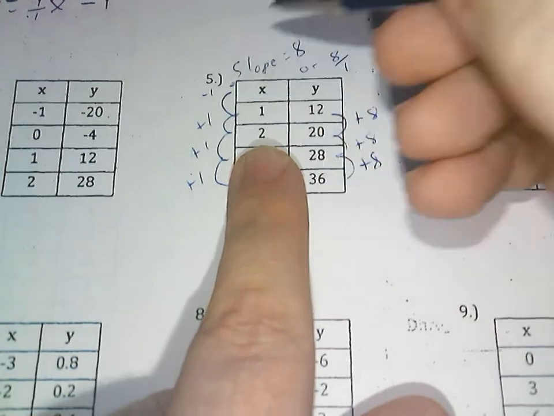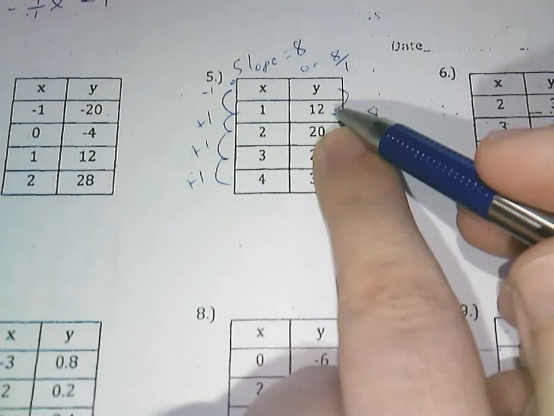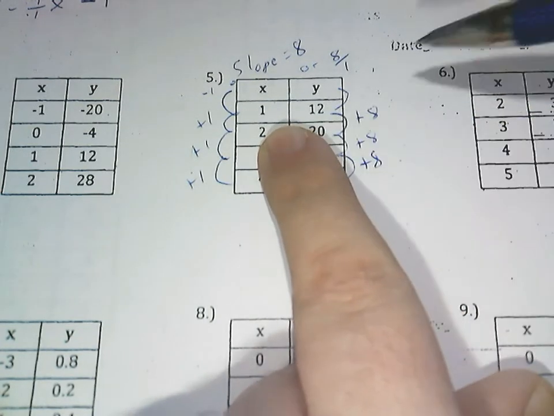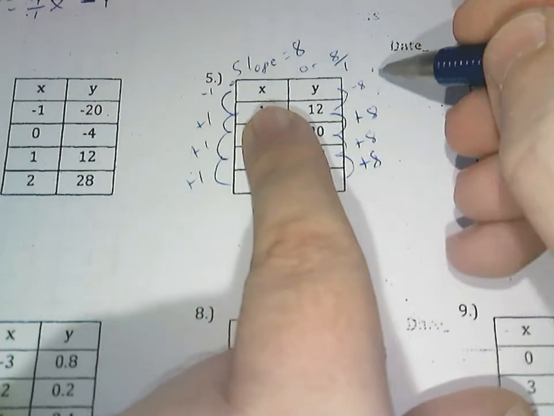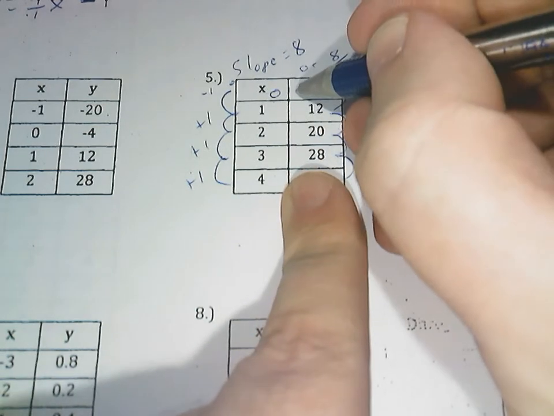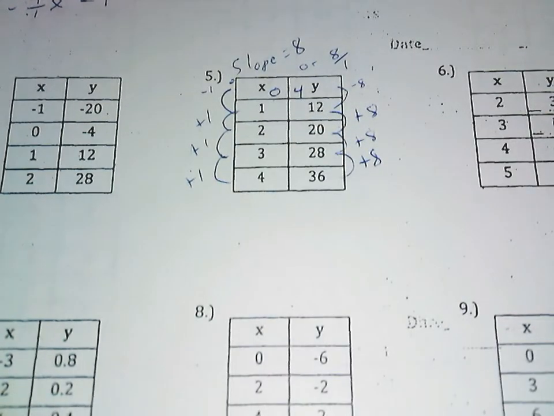So there I am at 0. If I go back this direction, I'd have to minus 8 from 12. If I minus 8 from 12, I'm going to be at 4. So when x is 0, y is going to be 4. So now I know my y-intercept.